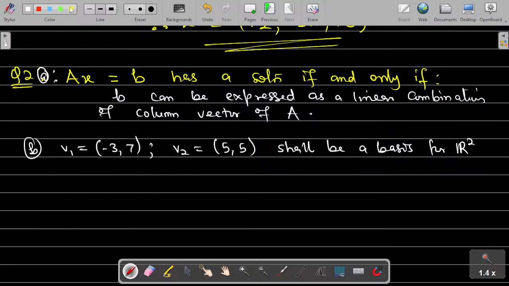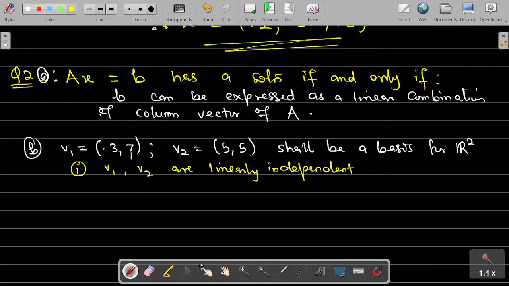They just say provide one reason, so the one reason can be that v1, v2 are linearly independent. They didn't ask you to show it, they just said one reason. On your own, you should be able to show it.